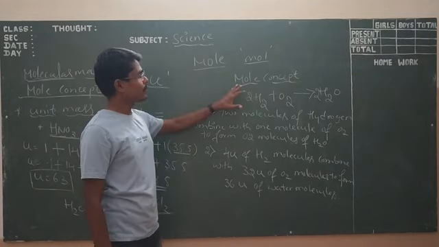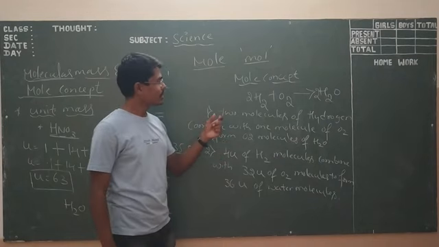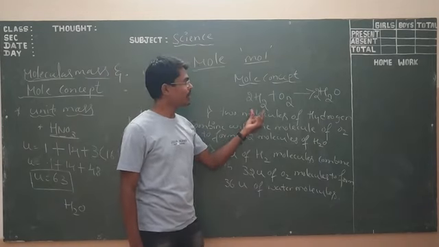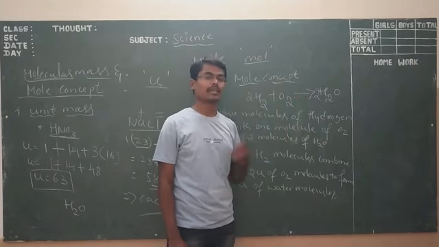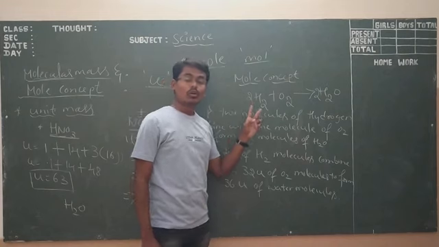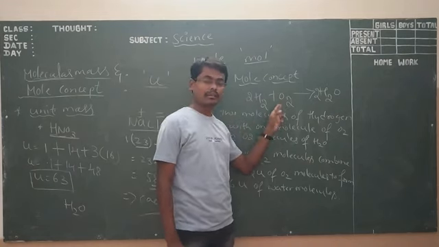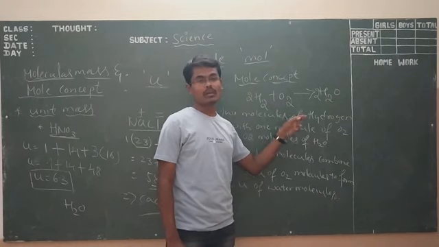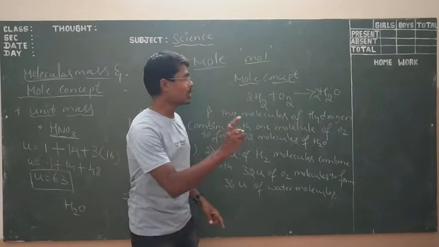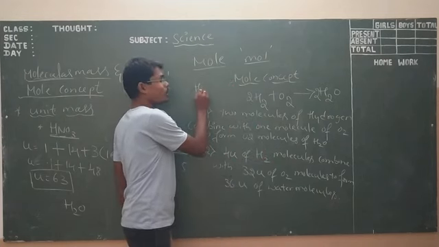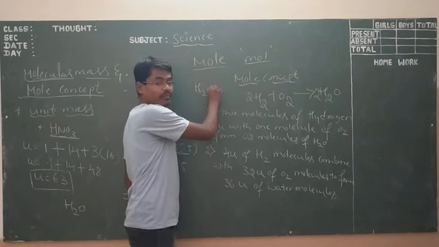Now I have written an example to understand this mole concept. Just look here. 2H2 plus O2 gives 2H2O. That is, two molecules of hydrogen react with one molecule of oxygen. Look here, H2 is one molecule of hydrogen, and O2 is one molecule of oxygen.